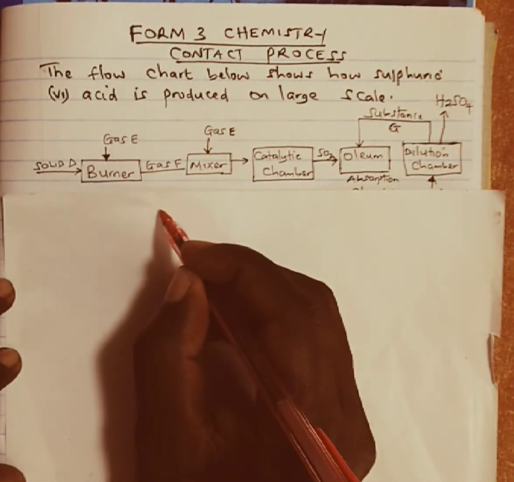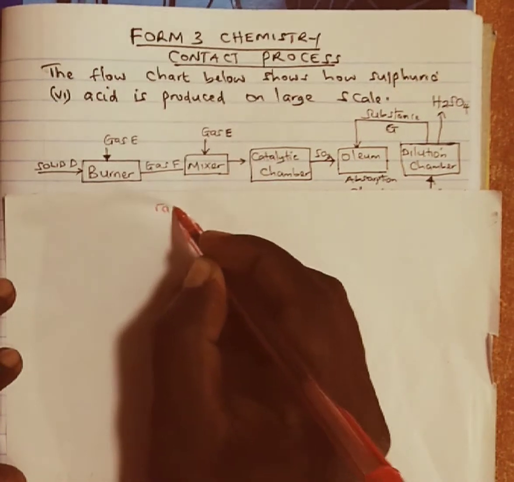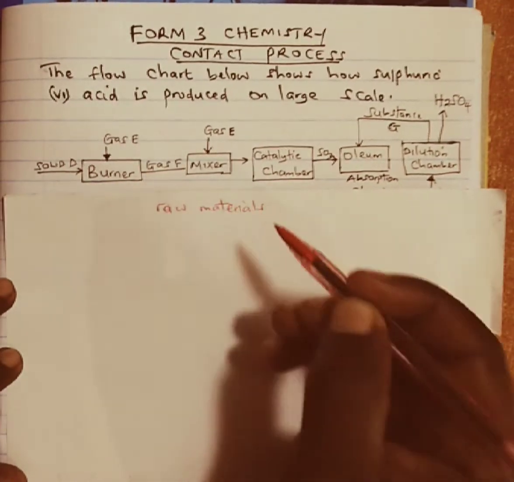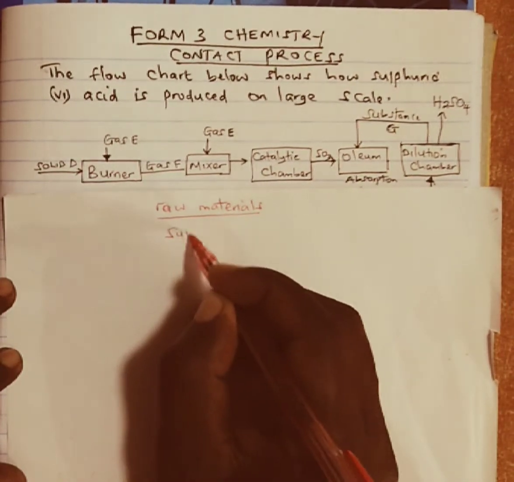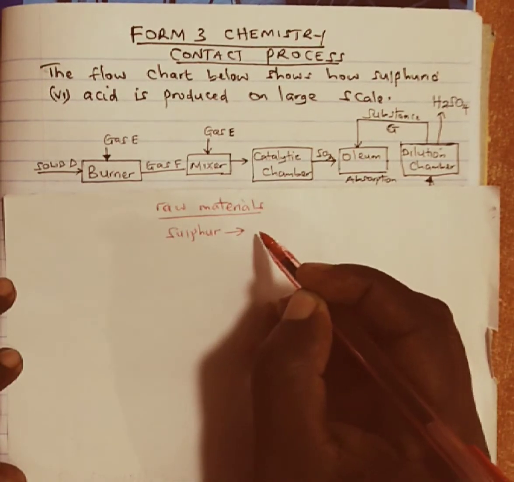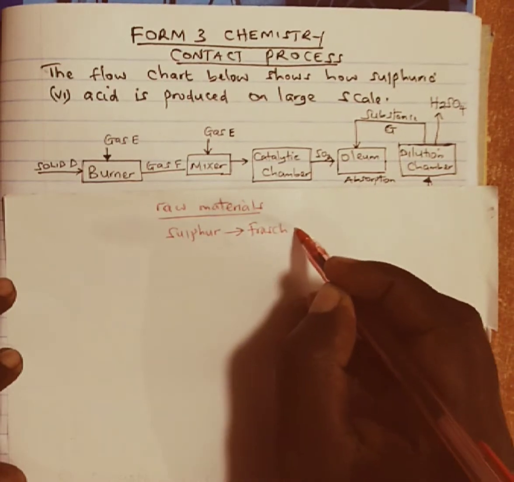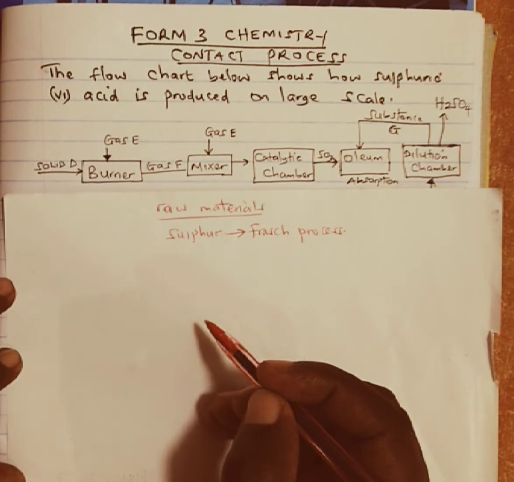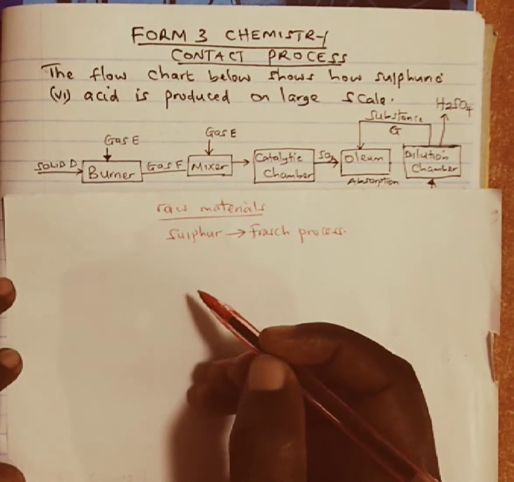We are going to start by looking at the raw materials for this process. Number one, we have sulfur, and this sulfur is usually obtained from the Frasch process, which is a process used to extract sulfur from its deposits.